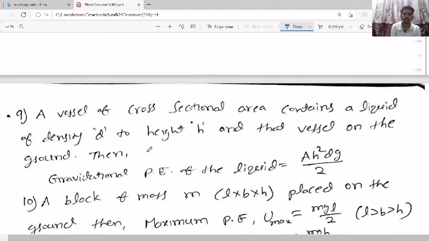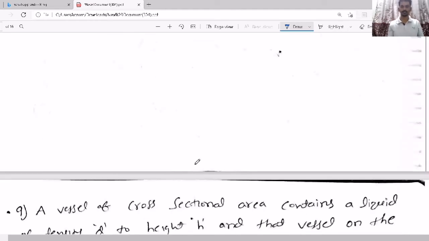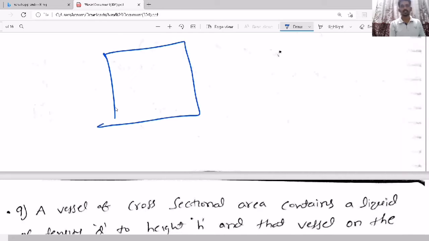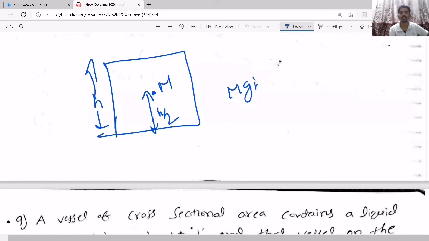Now, a vessel of some cross-sectional area contains a liquid. Whenever there is a vessel, the height is something h. Then you have to consider its center, so that the total mass appears to be concentrated there. So the height is h by 2, and the potential energy becomes mg h by 2.